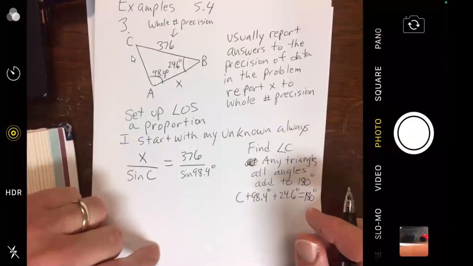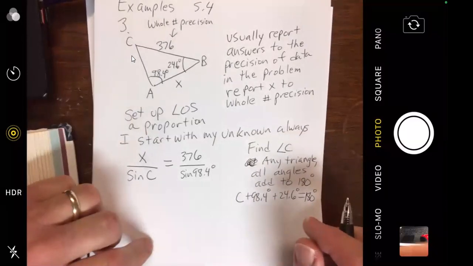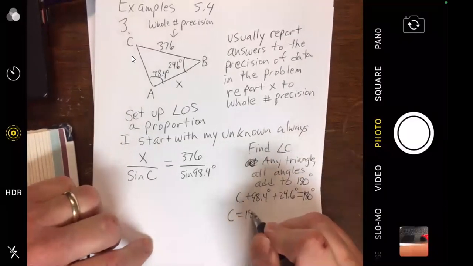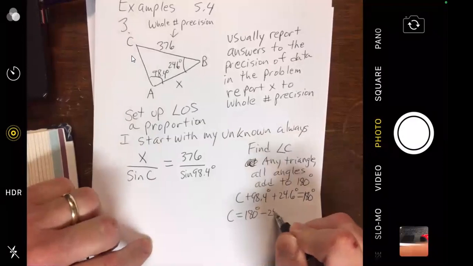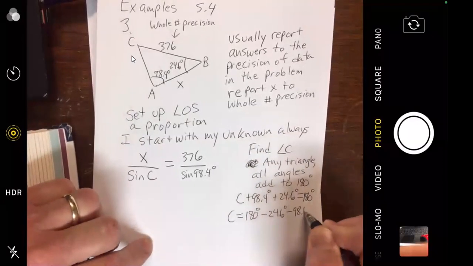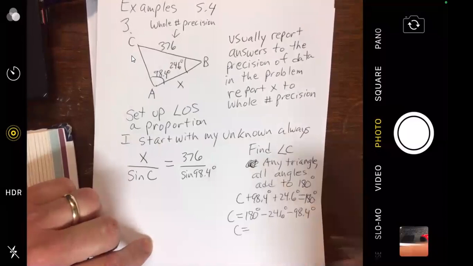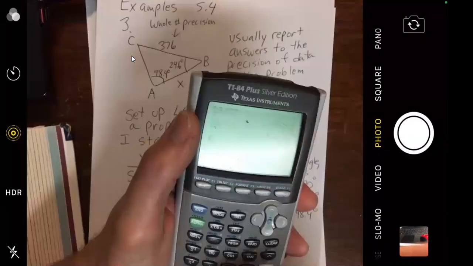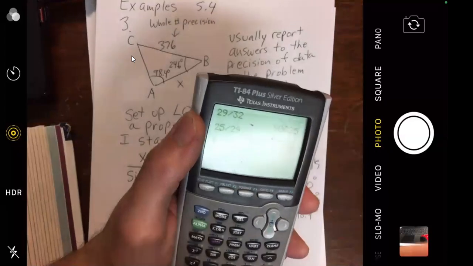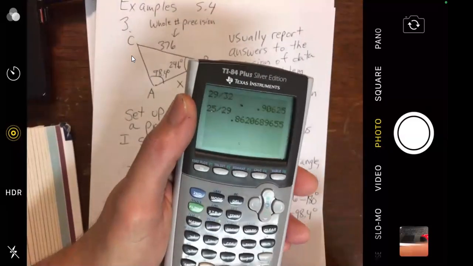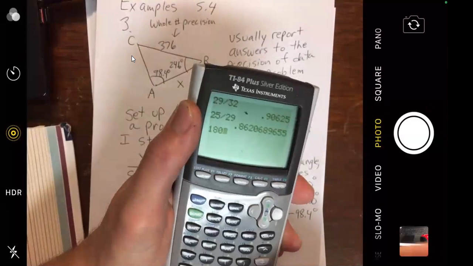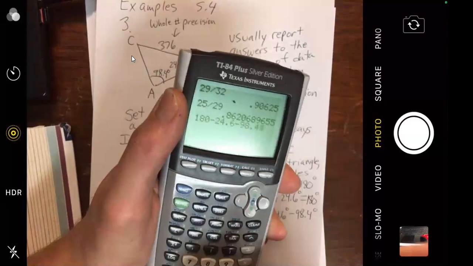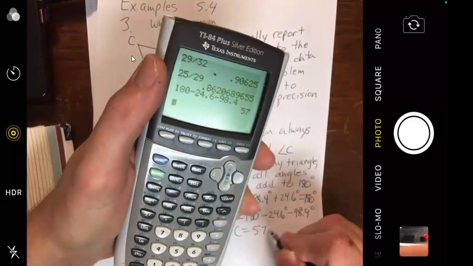So angle C is pretty easy to find. I'm just going to go 180, subtract 24.6 degrees, subtract 98.4 degrees. 57 degrees.